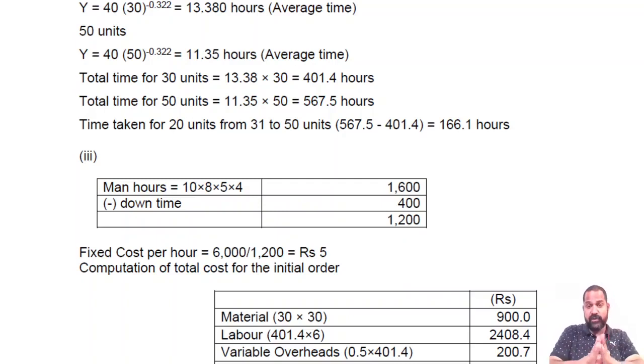I've taught you logs. I taught you how to take logs, anti-logs in the sheet as well as in the calculator. Why? Because there is a question where they've written logs, there is a question where they've not written logs. Just in case there is a problem, you know how to solve the question. The standard framework of the question remains the same. You might have two types of questions.